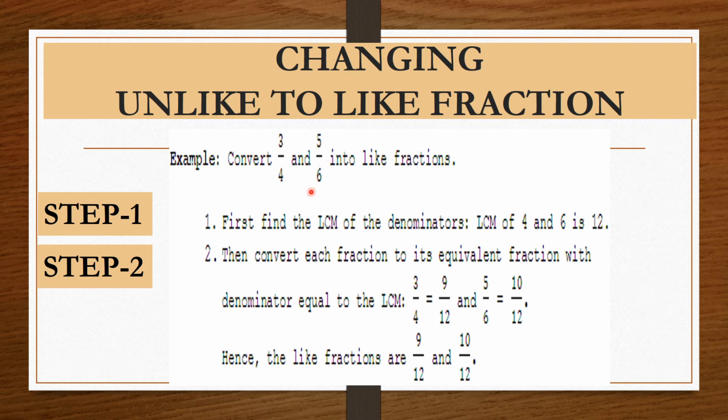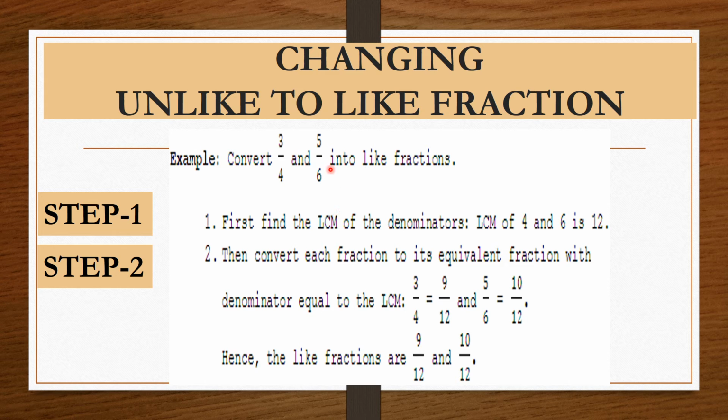That is, the denominator 4 will become 12 and 6 will also become 12. Now you know that to change into an equivalent fraction, whatever you do in the denominator, you have to do the same thing in the numerator. So 4 into 3 is 12, so 3 into 3 is 9. So the equivalent fraction for 3/4 is 9/12.